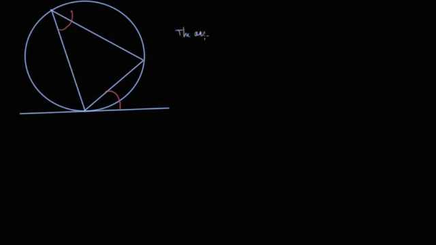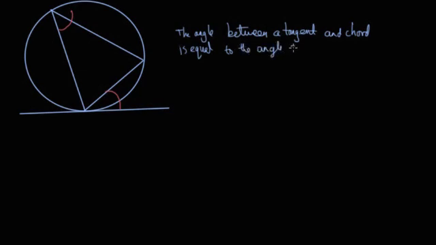The angle between a tangent and chord is equal to the angle subtended in the opposite segment.